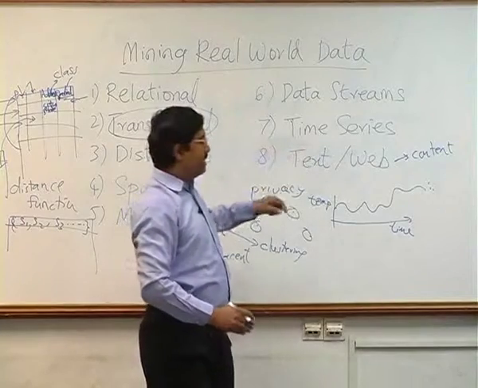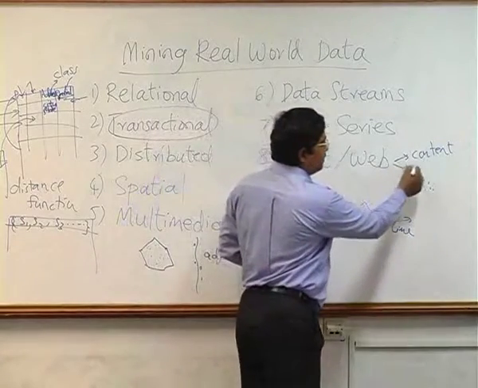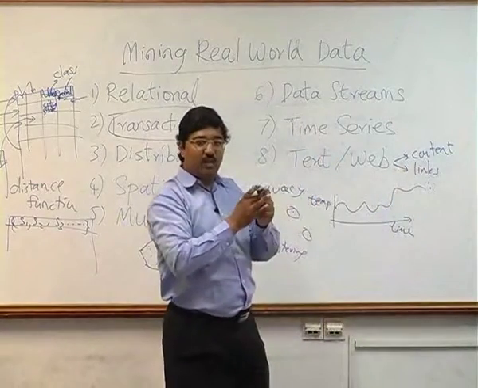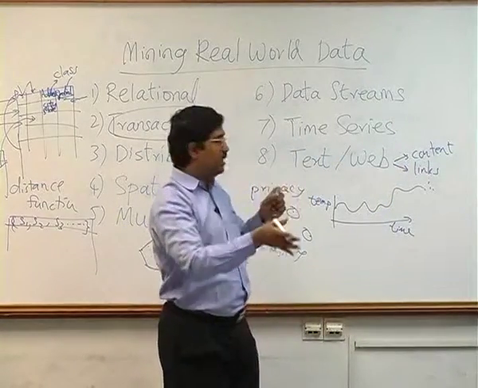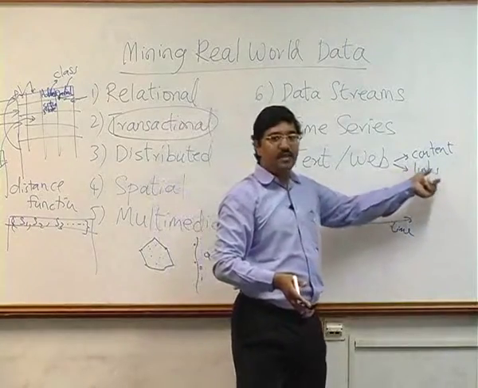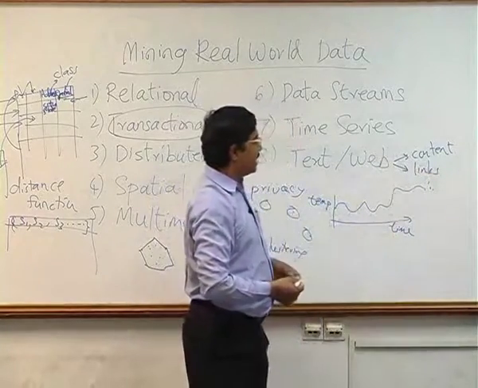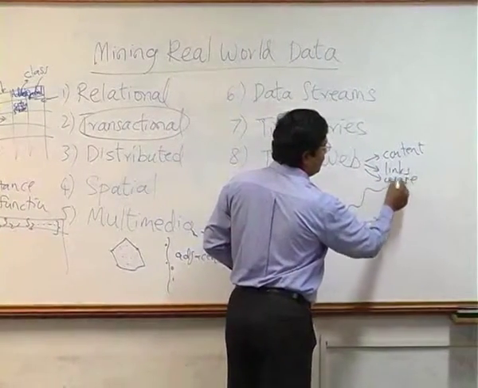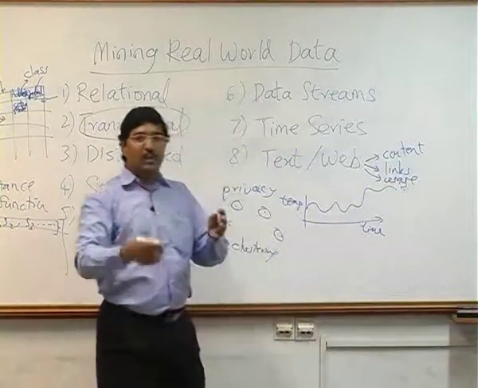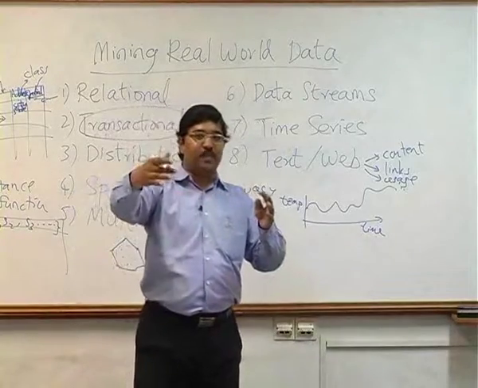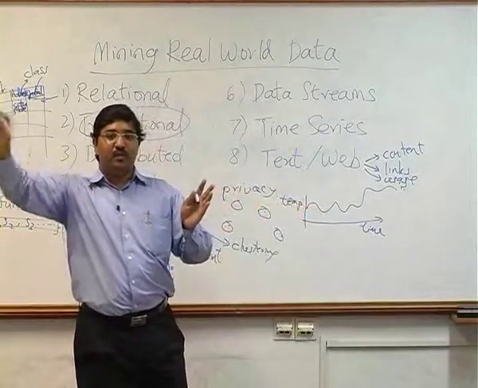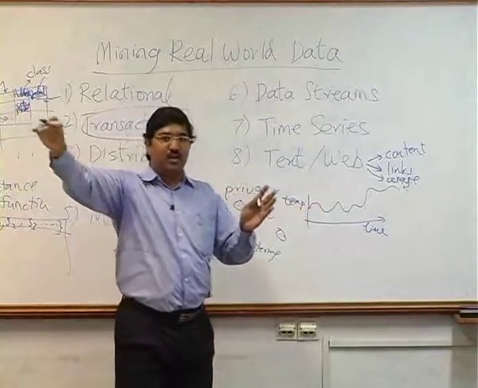Then you can use the links present on the web, where one HTML document links to another document. How do you use the links to do better mining? And how do you use the usage? People who actually use these websites: how many people have seen this particular website, and after seeing it, how many move on to another website?